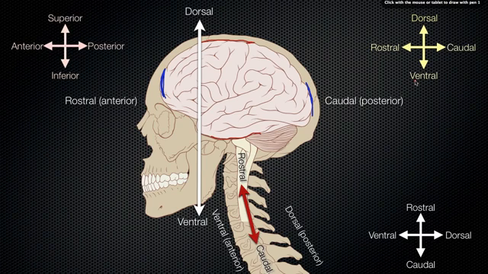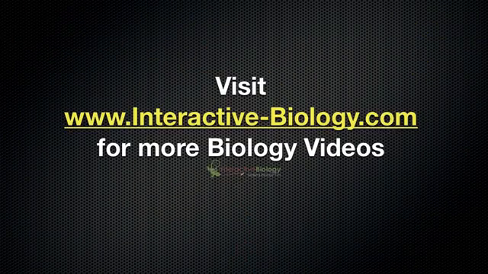However, when it comes to superior and inferior, that stays the same. Superior means towards the top of the brain. Inferior means towards the tail or coccyx. So in other words, going towards the bottom. Anterior is always front, and posterior is behind. This is going to be very important when we go into specific details inside the brain and the spatial relationships between the different parts. But that's pretty much all for now.